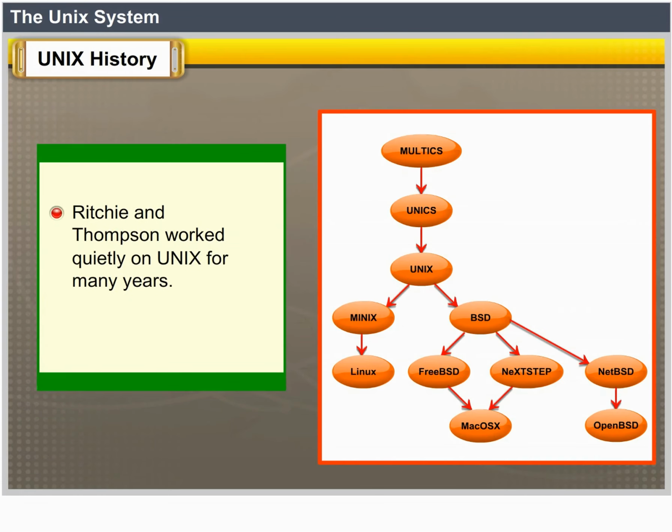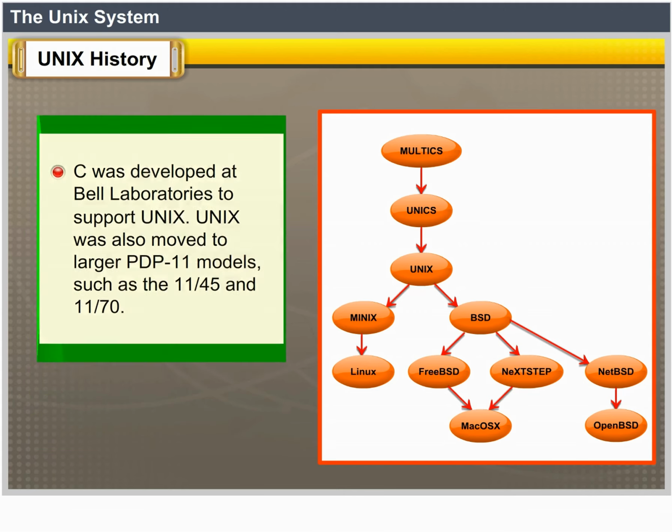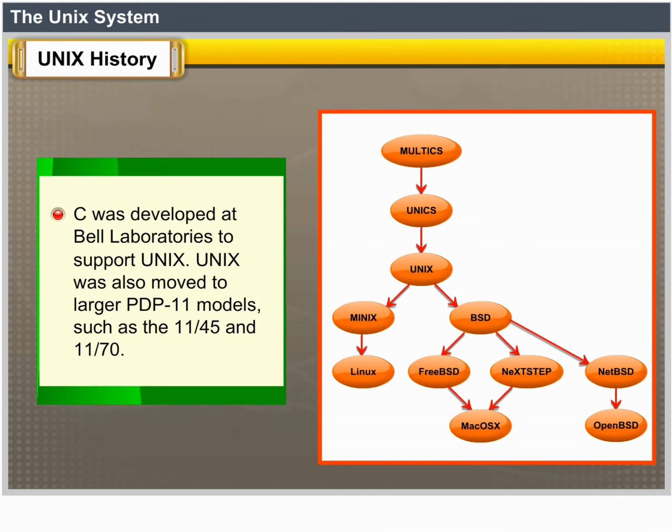Ritchie and Thompson worked quietly on Unix for many years. They moved it to a PDP-11/20 for a second version. For a third version, they rewrote most of the operating system in the system's programming language C instead of the previously used assembly language. C was developed at Bell Laboratories to support Unix.